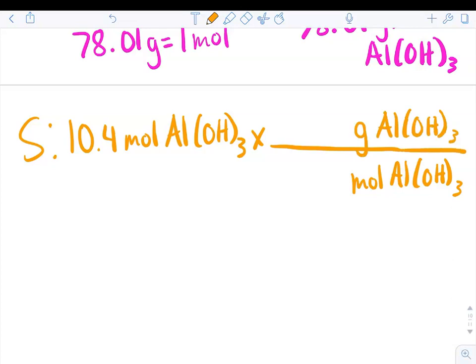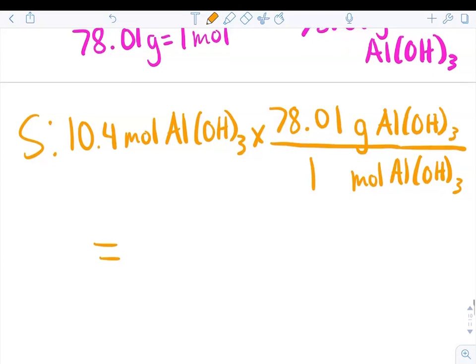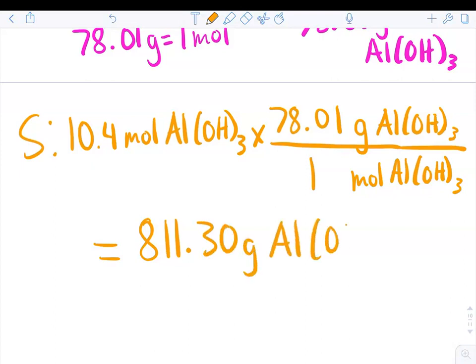And then I want you to remember, for what we are doing right now with our single step, the 1 will go with the mole. So 1 and then 78.01 grams. If you type that into your calculator and round to 2 decimal places, then you should get 811.30 grams of aluminum hydroxide.